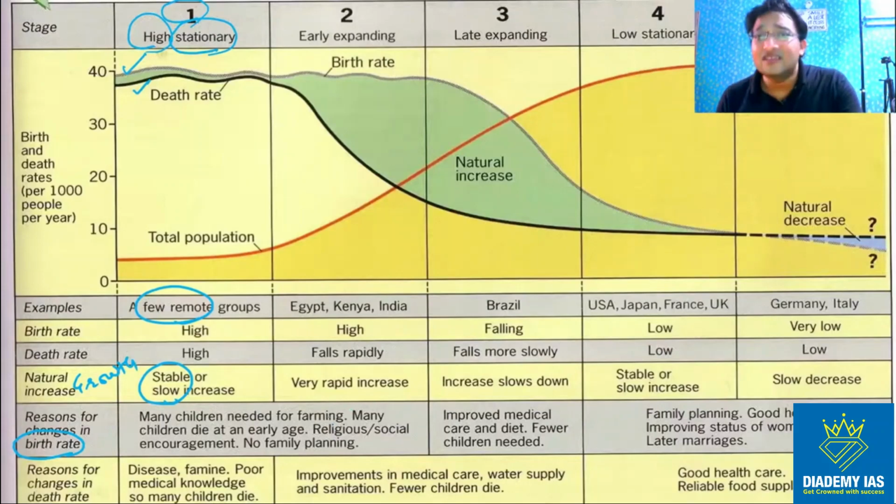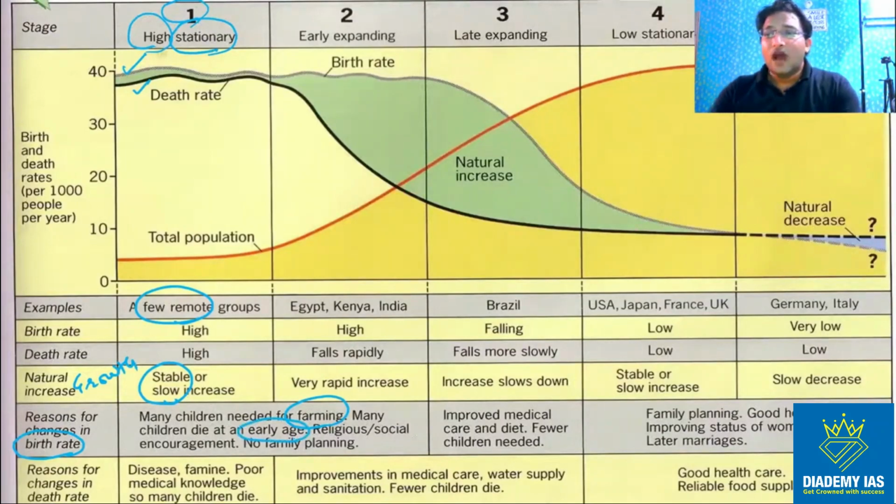So agriculture is the major occupation, and for agriculture they need high number of people. The agriculture is not technologically driven. Because agriculture is not technologically driven, so they need more number of children. As well as second reason is that because there is high death rate of the children, they do not have proper health facility. So the children are dying at an early age.